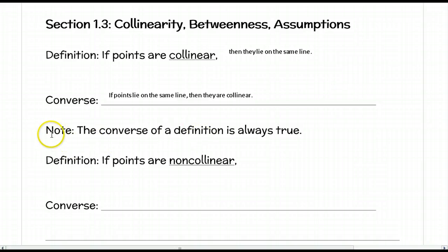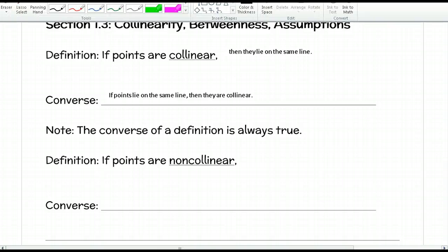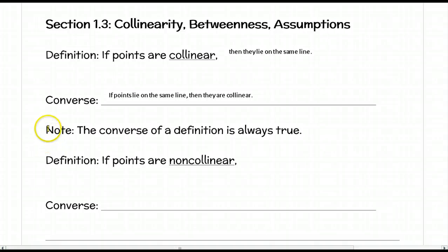Remember we talked about with definitions, the converse is always true. Okay, so we can say that they're reversible. Converse of a definition is always true.